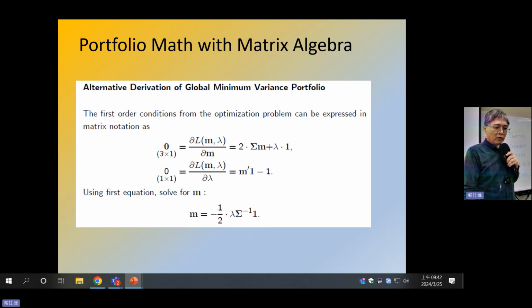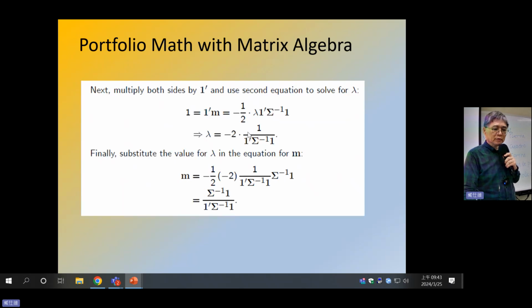Of course, there's another way to find the minimum variance portfolio weighting. We call this an alternative derivation of GMVP. You can also follow this approach, but I'm going to skip it here. It's not that difficult. After the derivation, you can find the closed form for this m.